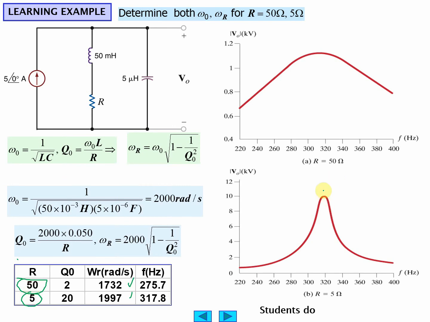You're going to get a resonance for a good quality, you're going to have a high peak. For a poor quality, you're going to have a low peak. For a high quality, by the way, you'll notice when this factor goes up, these two get closer to each other.